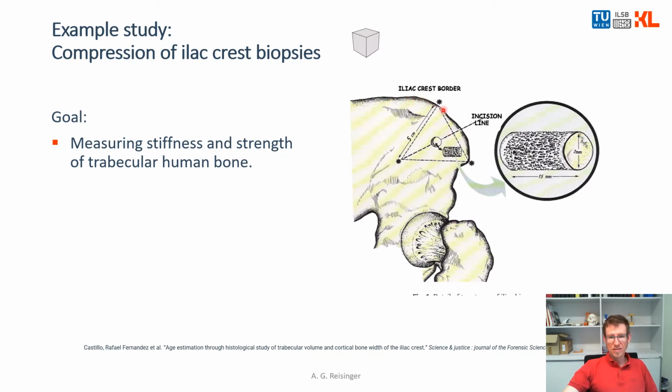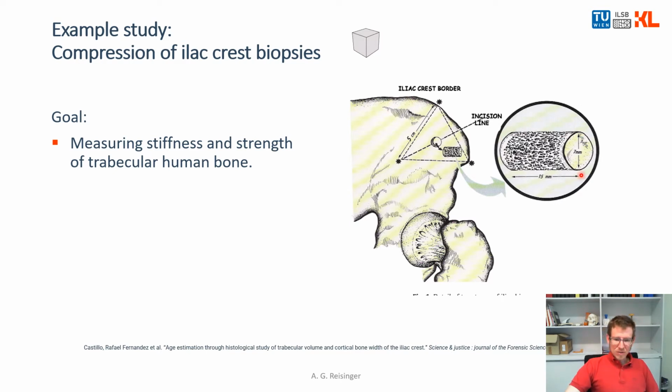So this is this borderline here, and you can feel that when you press on your hip, you can feel this border. What actually can be done is to extract biopsies out of the living patient. It's a small incision and some kind of biopsy extraction tool is used, and then you can get those samples out of the living patient.